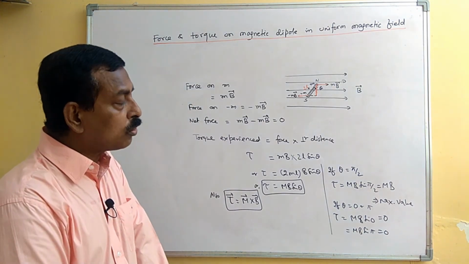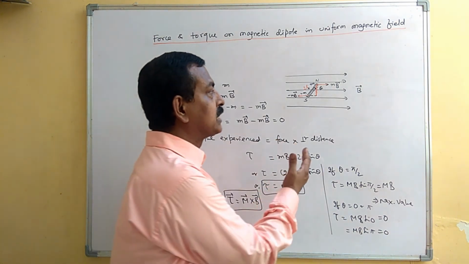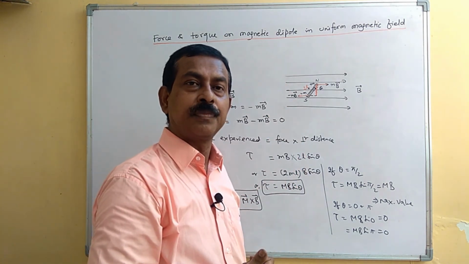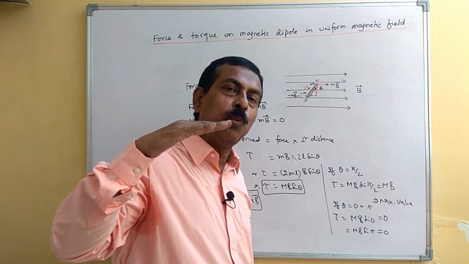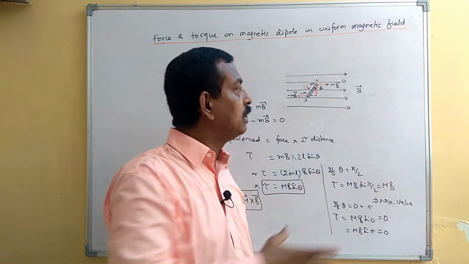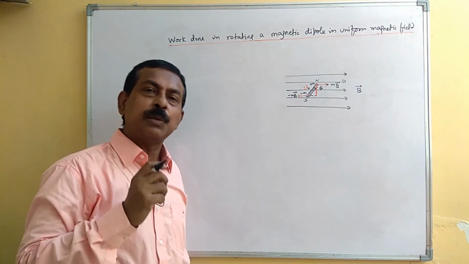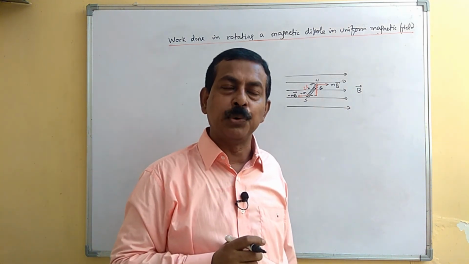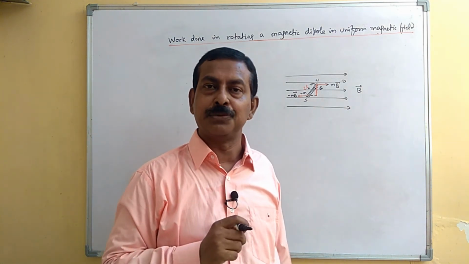So the torque on the magnetic dipole will be maximum when it is held perpendicular to the magnetic field, and it will have the minimum value when it is kept along the direction of the magnetic field. Suppose you want to find out work done in rotating a magnetic dipole in uniform magnetic field.